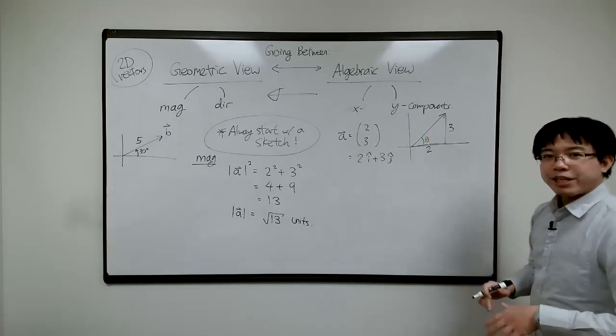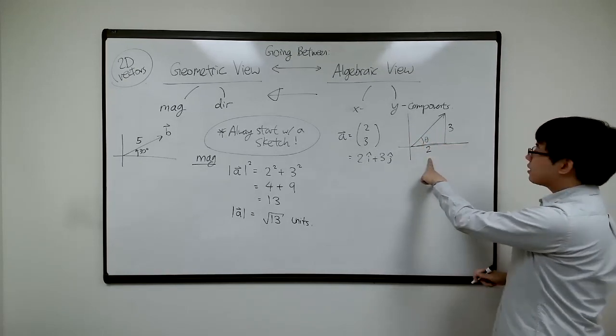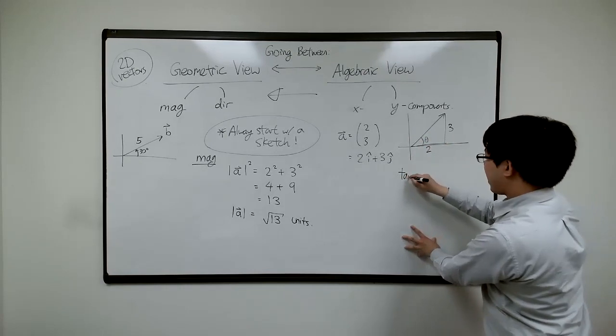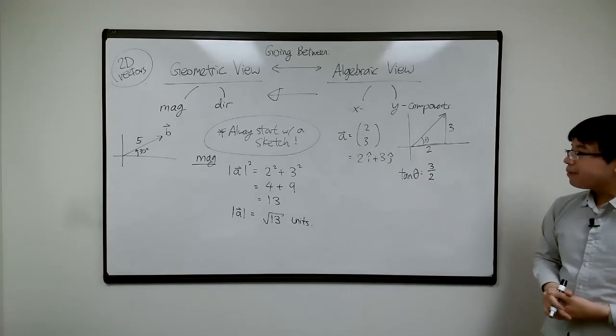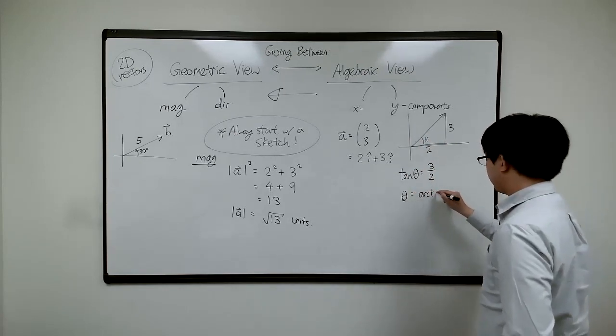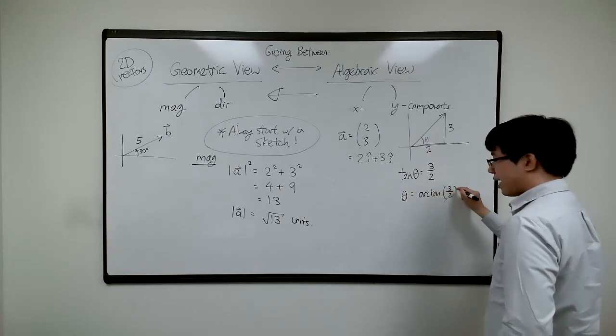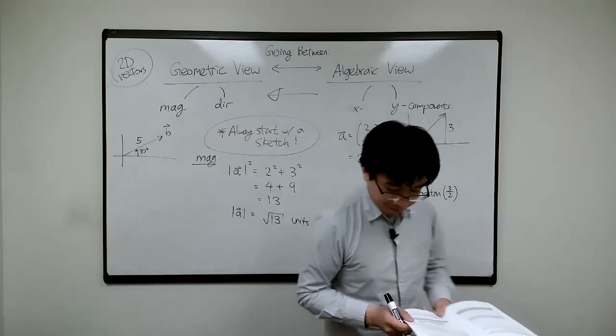Remember your sine, cosine, and tangents. This is opposite over adjacent, so that will be tangent. So tangent theta is 3 over 2. So what is theta? Well, theta is arctangent of 3 over 2. And all you have to do is plug that in a calculator.